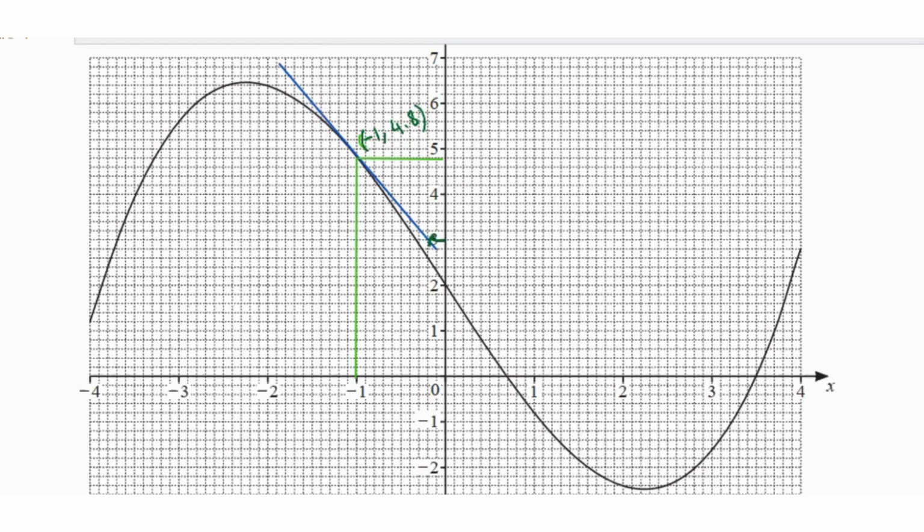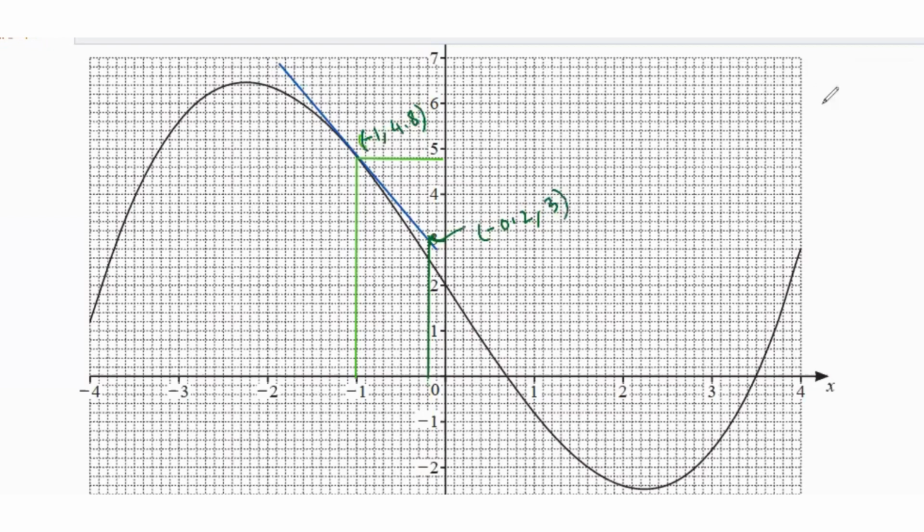So that's going to be negative 0.2 and 3.